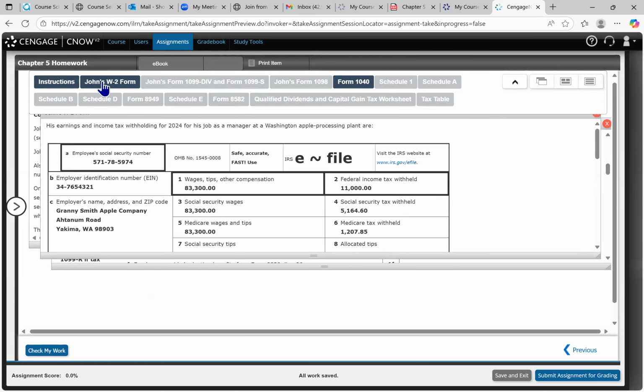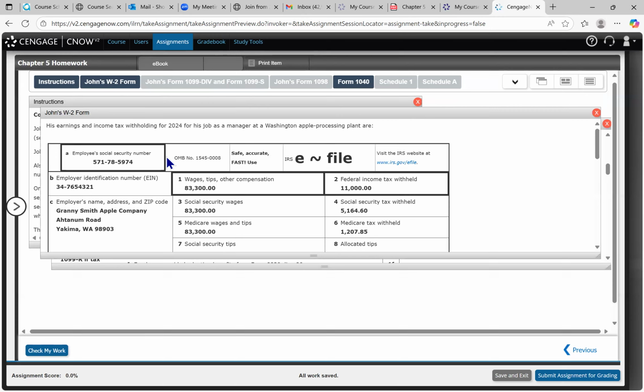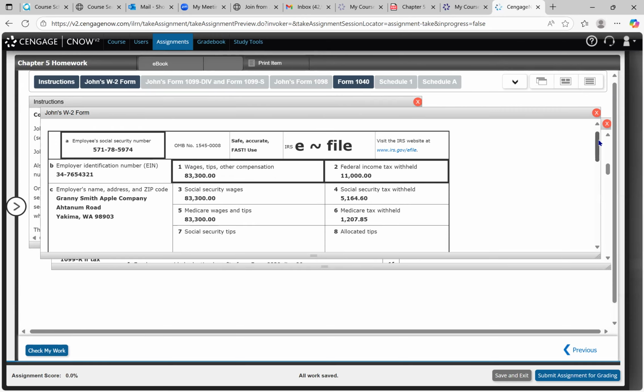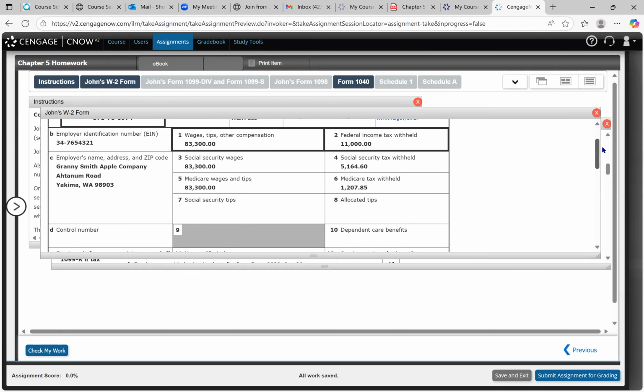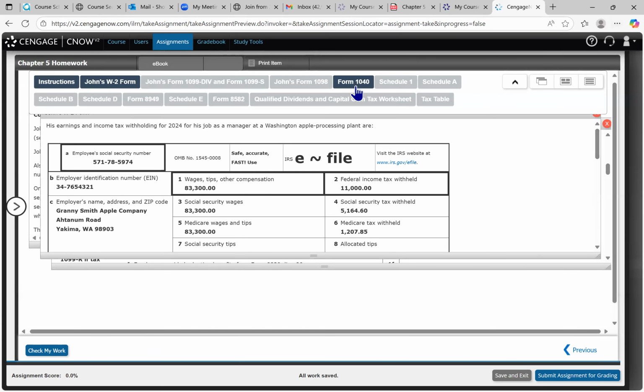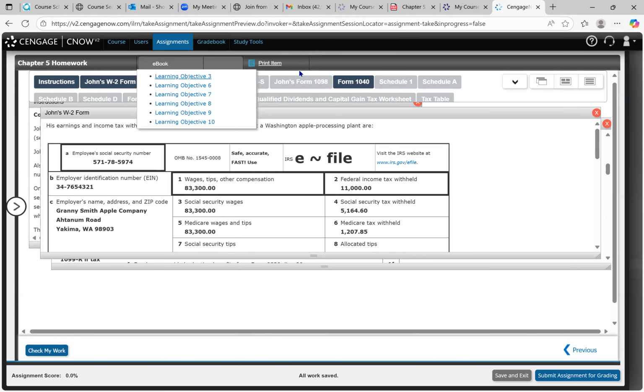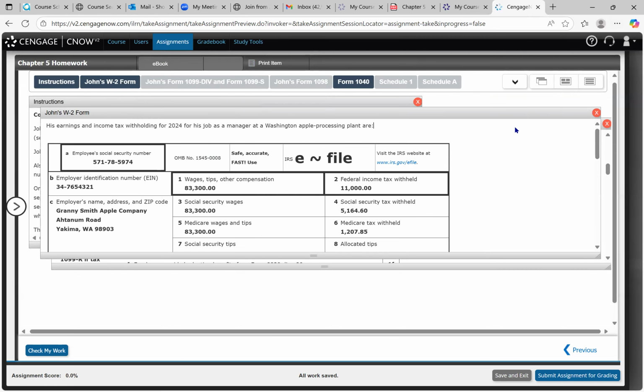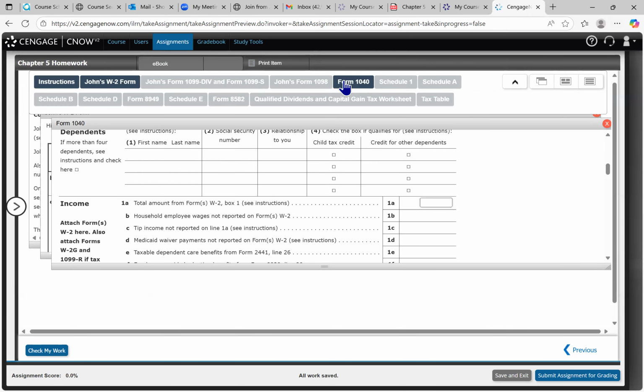Now, the first thing we'll do is look at his W-2. It does show he has income of $83,300, federal taxes withheld of $11,000, and he's a Washington State resident. So 83,300, we'll put that on his 1040.